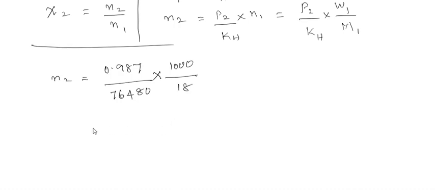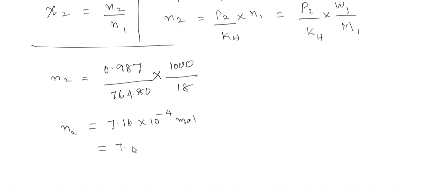So when you work out all these things, you will get 7.16 into 10 power minus 4 mole. So this is N2. Now this is asked as millimole. Milli means 10 power minus 3. So we have to convert this into millimole.